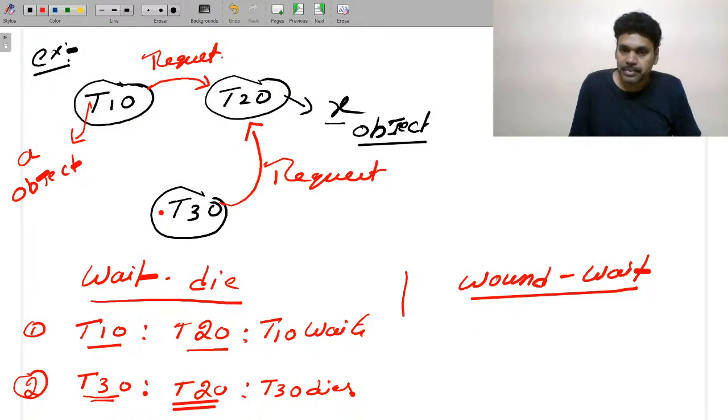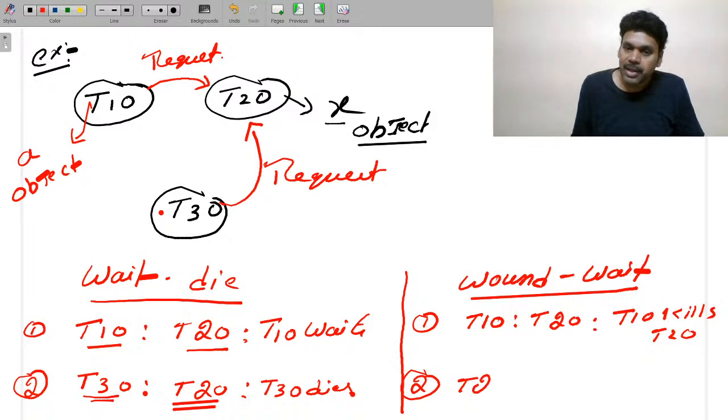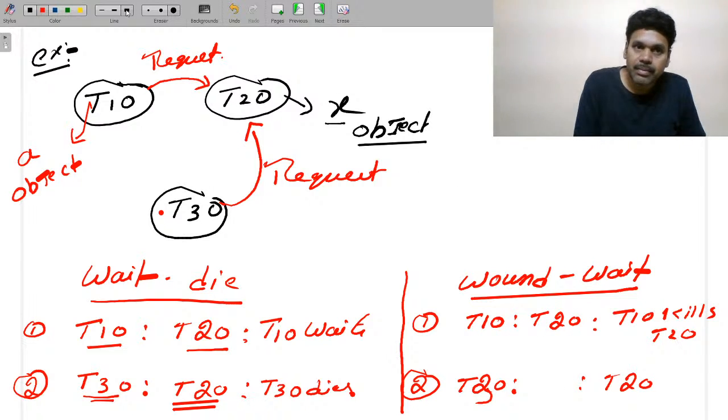Please observe. In this case, again, T10 versus T20. So what happened in this? T10 kills T20. What happened in this? T20 with T30. T30 with T20. So T30 has to wait.